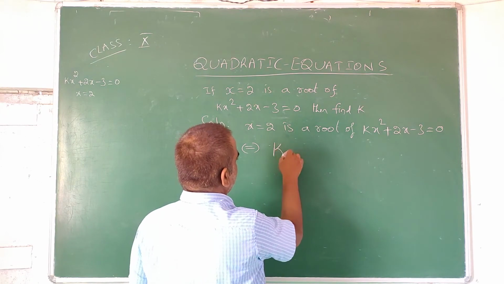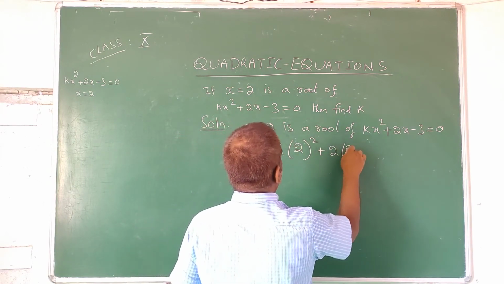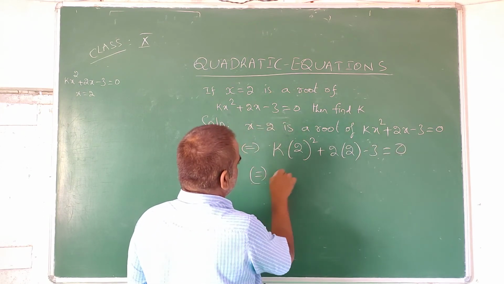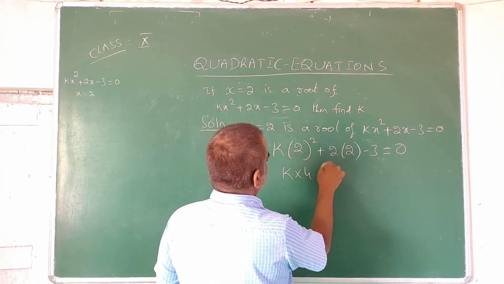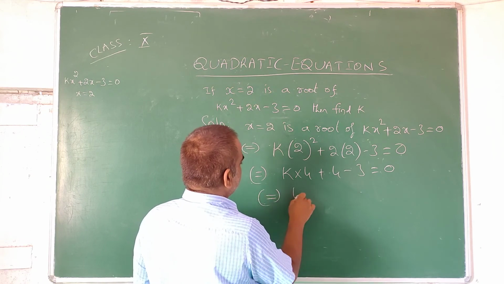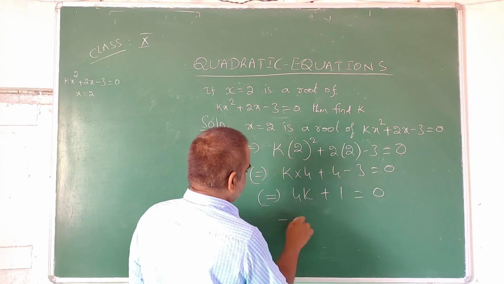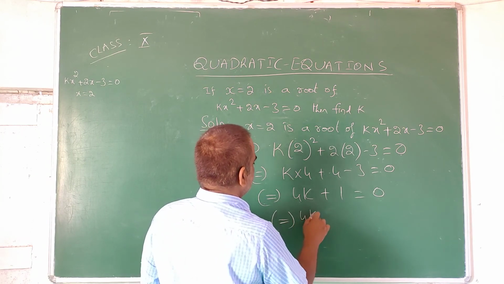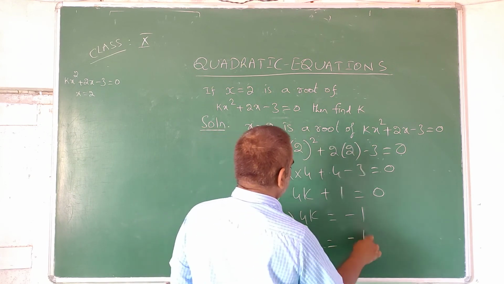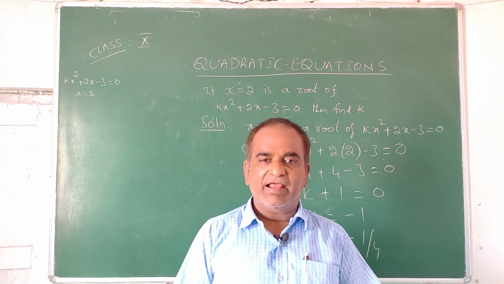Then what do you get? k into 2 square plus 2 into 2, x value 2 I am putting, minus 3 is equal to 0. So k into 4, that is 4k, plus 4 minus 3, which is 1, is equal to 0. So 4k is equal to minus 1. So k is equal to minus 1 by 4. Understood? So the k value we got is minus 1 by 4.